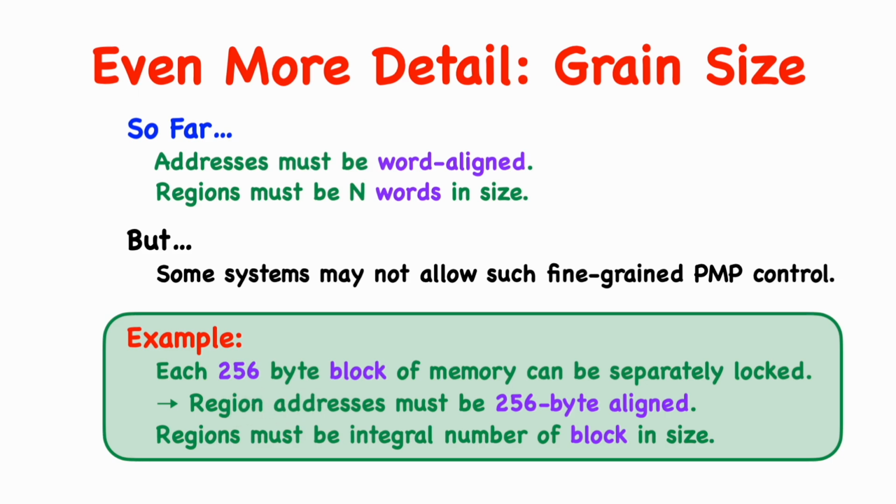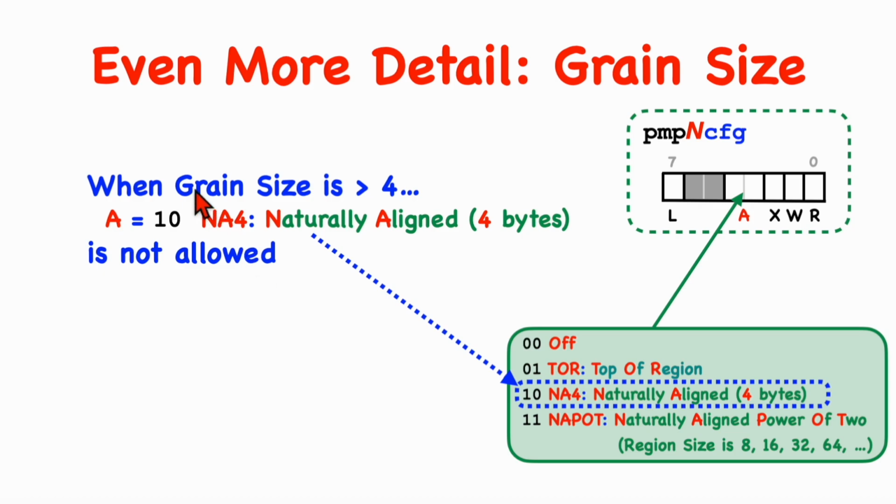Each address must be properly aligned on a 256 byte boundary, and the size of every region must be a multiple of 256 bytes. First of all, when the grain size is greater than 4, the address matching code for naturally aligned 4-byte regions is simply not allowed because the system can't support regions that are that small.